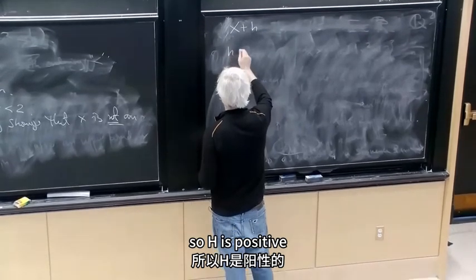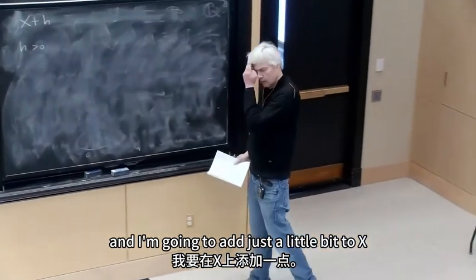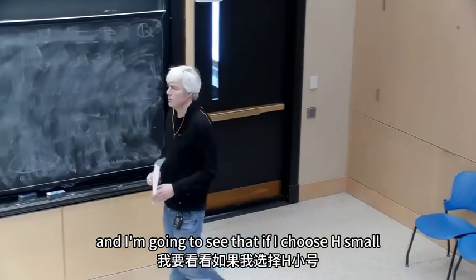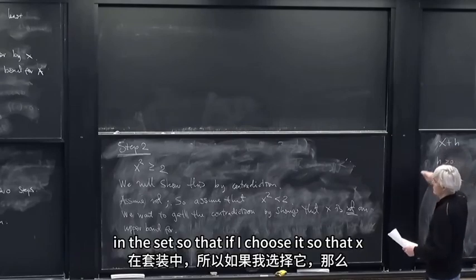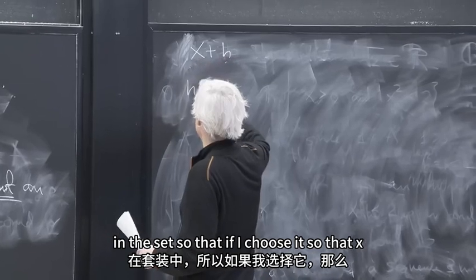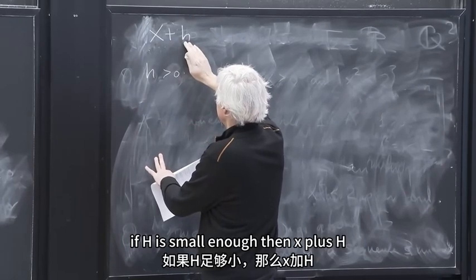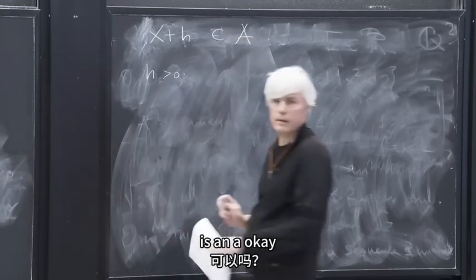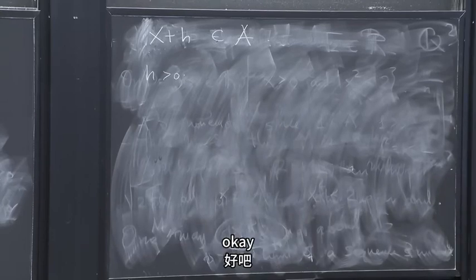So h is positive, and I'm going to add just a little bit to x, and I'm going to see that if I choose h small, then I can find something in the set. I want to prove that if h is small enough, then x plus h is in A, contradicting that x was an upper bound, okay?